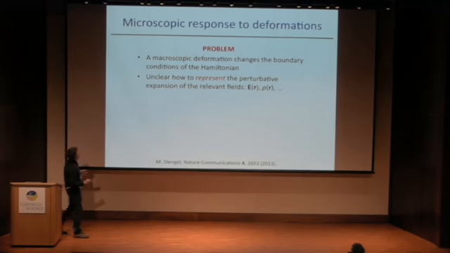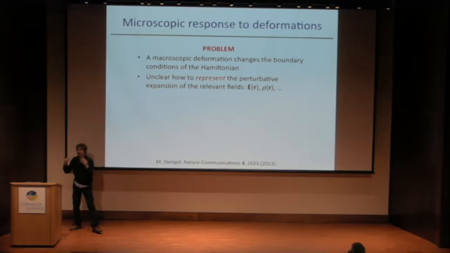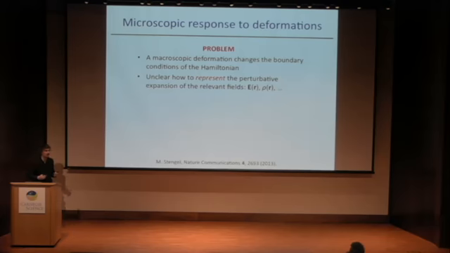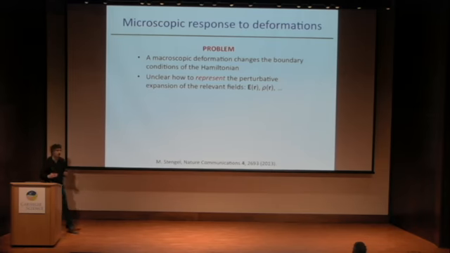Essentially, even to represent what I mean by charge density or by an electric field when I deform a piece of material is not trivial, because if you calculate just the difference between the charge density before and after the deformation, you don't get what you would like, because the material has displaced from the original position. If you just take the difference, you don't get anything close to something periodic, for example.